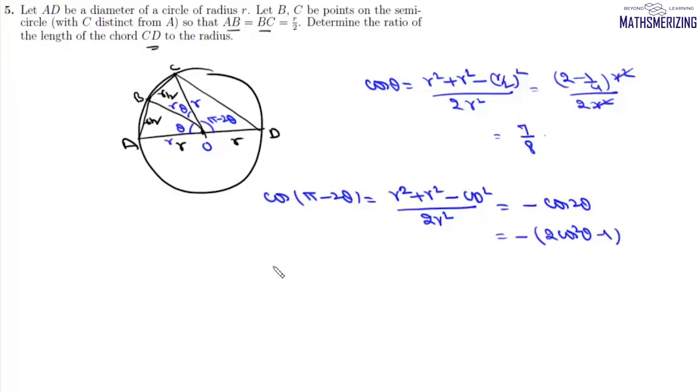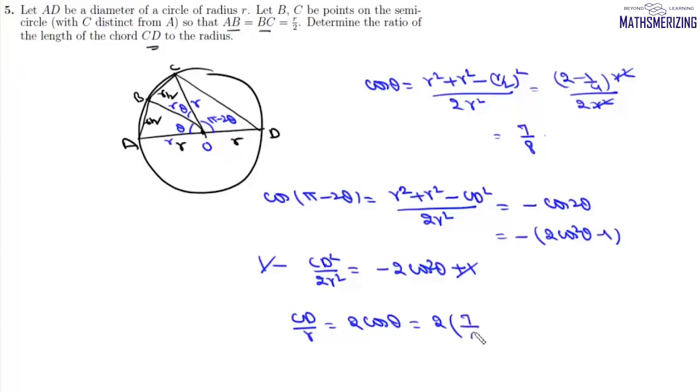So this value will be 1 minus CD square upon 2 r square, and it will be minus 2 cos square theta plus 1. So this 1 and 1 will cancel. So we can write CD upon r as 2 cos theta. Now cos theta is 7 by 8. So CD upon r will be simply 7 by 4. So the ratio of the length of the chord CD to the radius is simply 7:4.